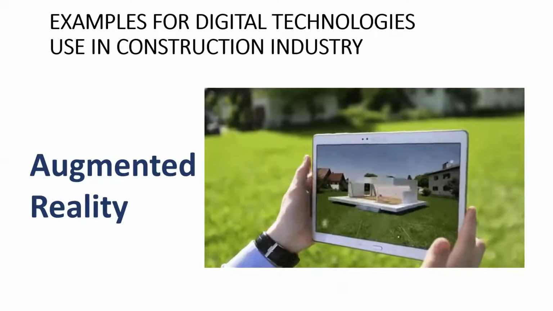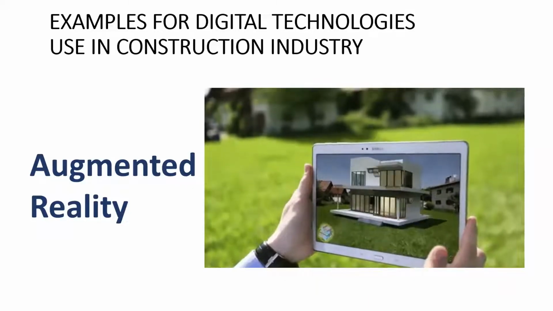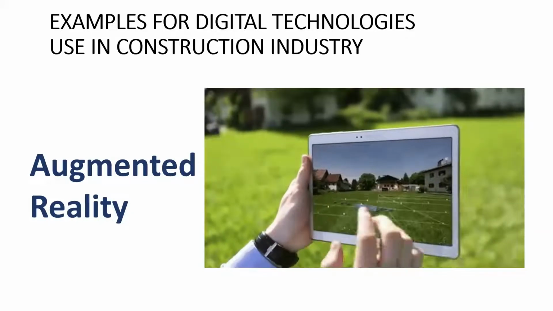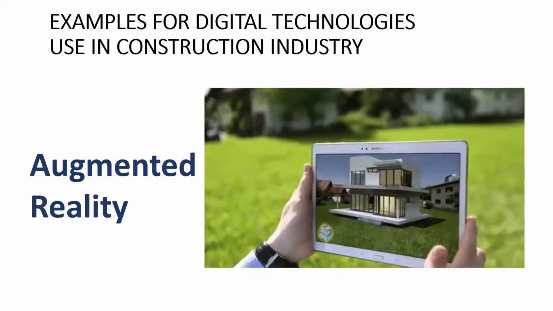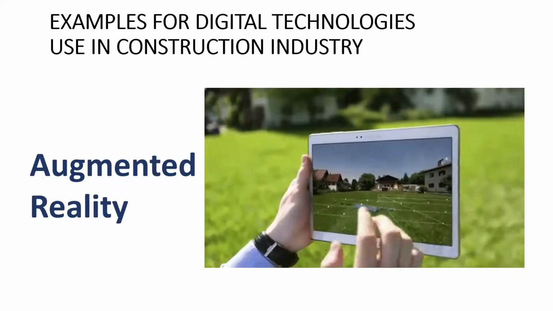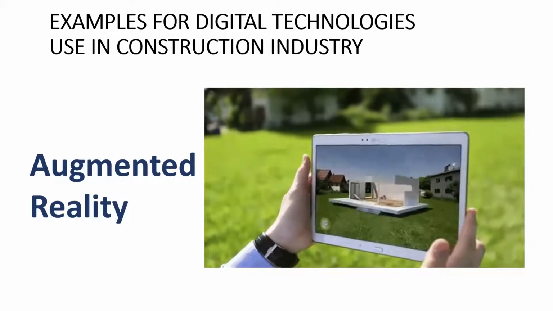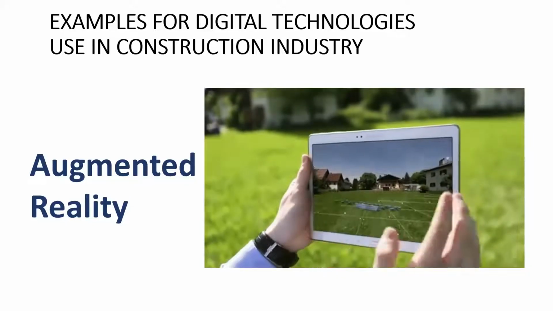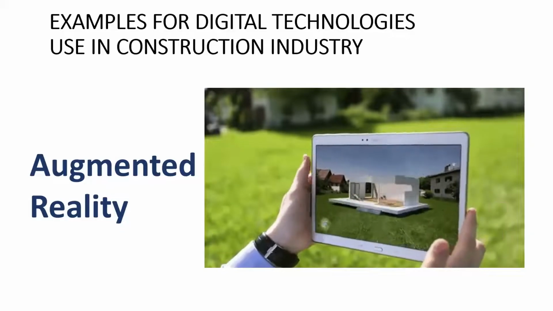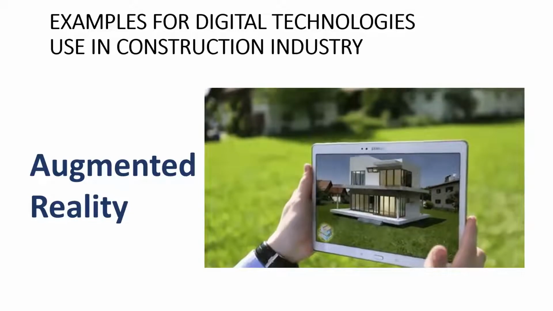As you can see in this example, if you see this ground through your computer device, you can create a virtual building on top of that ground, and you can see all other physical buildings around that virtual building. So this is augmented reality. The main difference is that in augmented reality, these physical buildings and physical lands are involved.